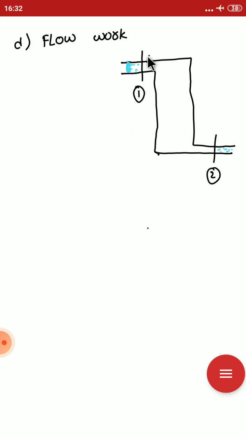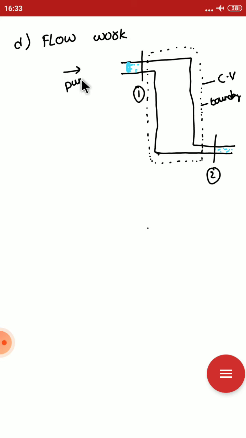Let's consider this is a system. It is a control volume. This is the boundary of the system. The energy across a system boundary is supplied by a pump, compressor, or blower.